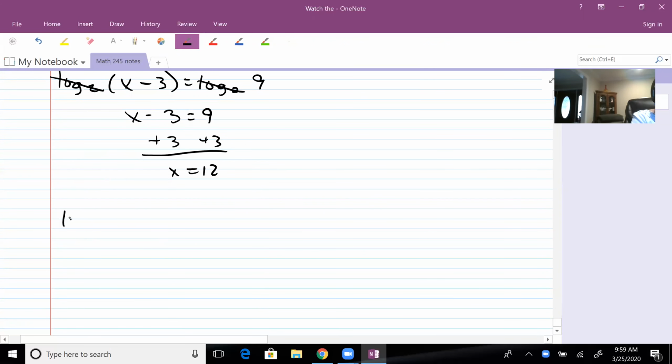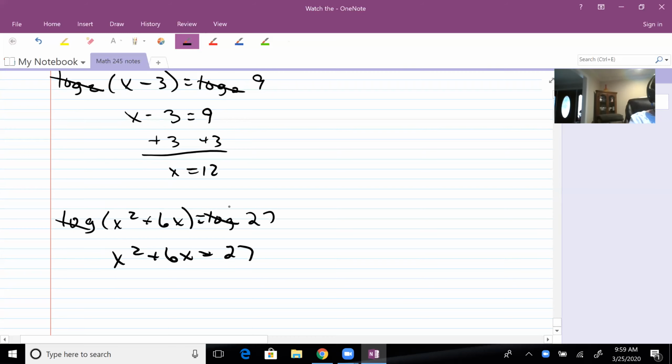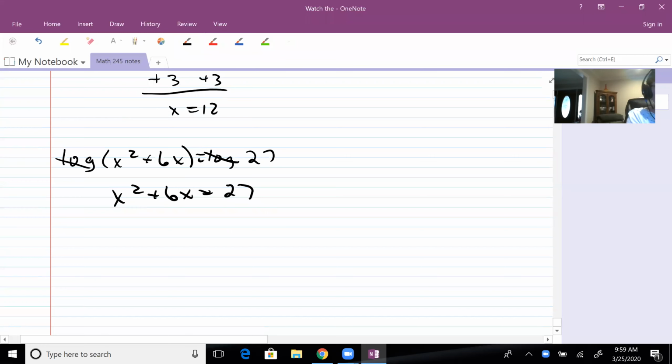Let's look at another one. Let's say that we had log of x squared plus 6x is equal to the log of 27. Again, when you see a log that does not have a visible base written there, know it's 10. And just like the previous problem, the logs are going to cancel out from each side. So we need to continue to solve that remaining equation. Since it is a quadratic equation, I am going to move the 27 over to the other side, and now I need to turn my attention to factoring.